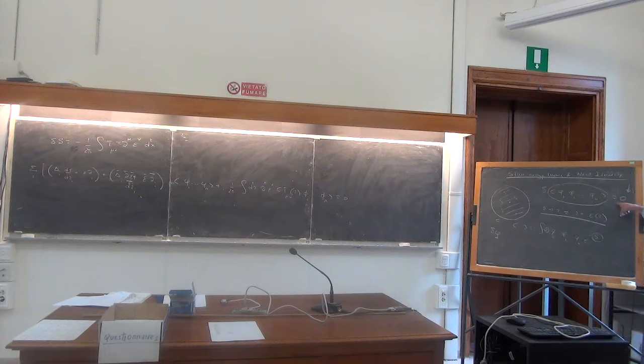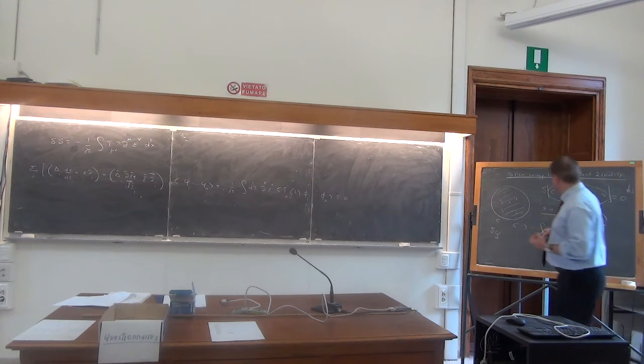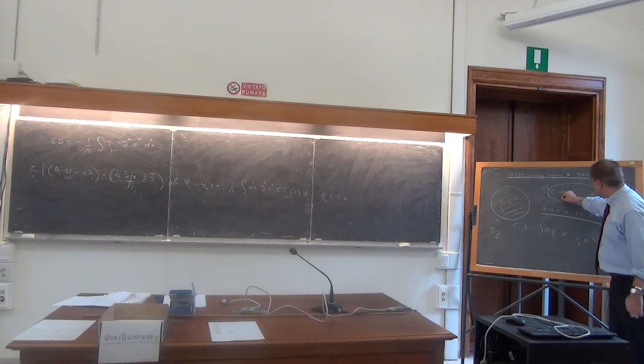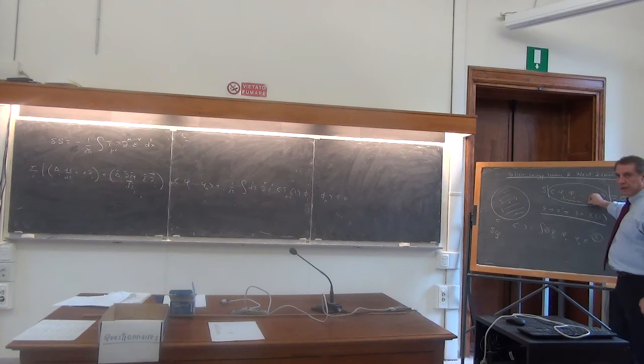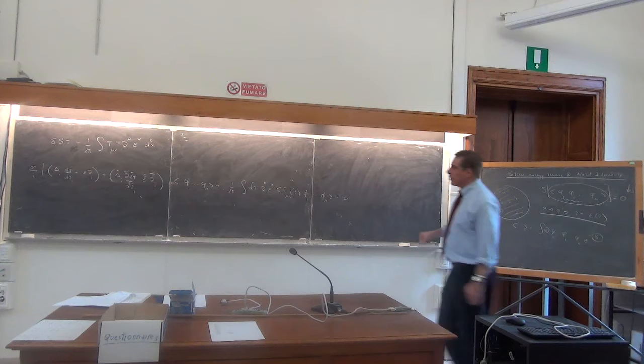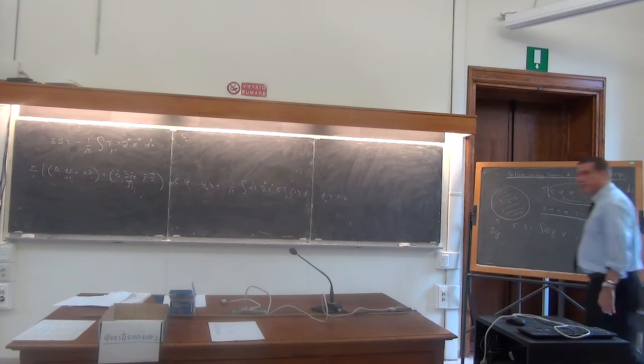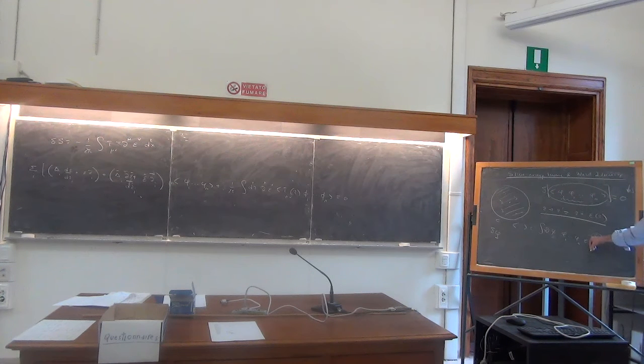However, what I meant before, which I was a bit sloppy about, is that this global variation involves two terms. Something which involves really the variation of the correlation function itself, this one, but then there is an extra piece coming from the measure, which is not invariant.